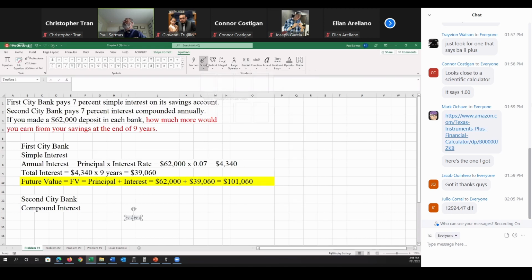Oops. And then one plus 7% to the power 9. Let me expand that so you can see it.